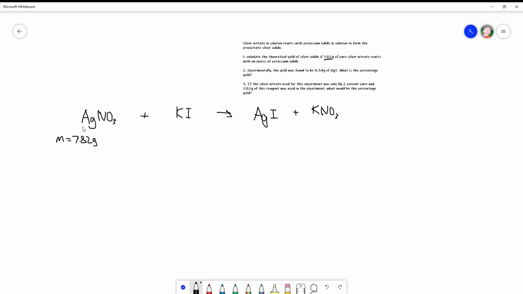The next step is to find the molar mass of silver nitrate. And this can be calculated by taking the molar mass of silver, which is 107.9 grams per mole, plus the molar mass of nitrogen, which is 14 grams per mole, and then adding that to the molar mass of oxygen times 3, which is 3 times 16 grams per mole.